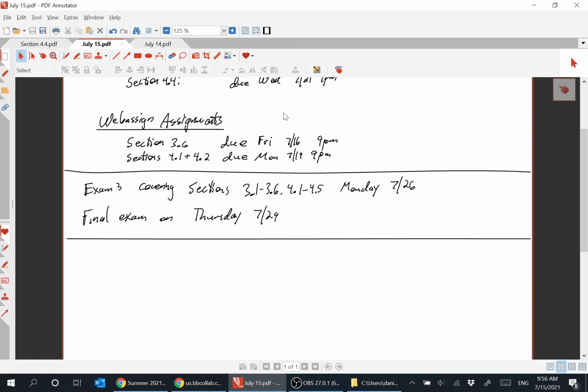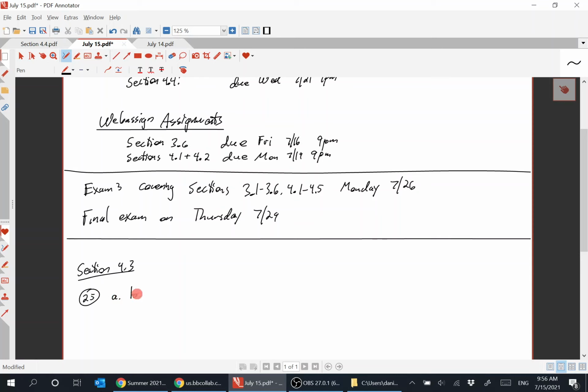All right, we'll start with 25, section 4.3. So number 25 just asks to evaluate each expression.